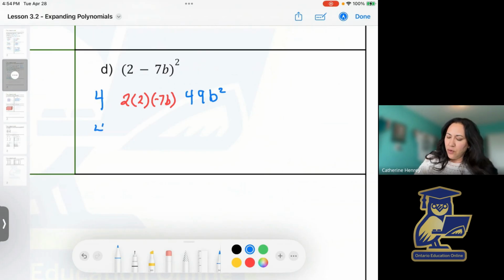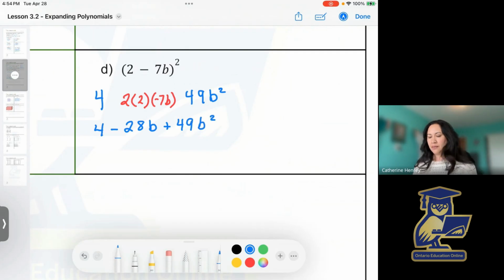So I'll have 4 minus 28b plus 49b squared. So again, if you can recognize some of the special cases, it shortens up the process a little bit. But don't worry, because the FOIL and the expansion always works the same.